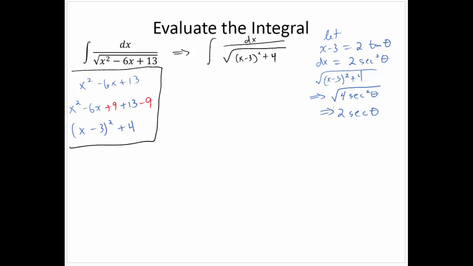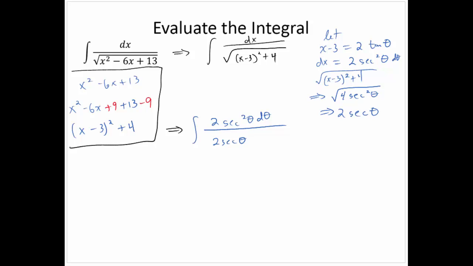So then this integral becomes 2 secant squared theta, there should be a d theta there, 2 secant squared theta d theta over 2 secant theta.